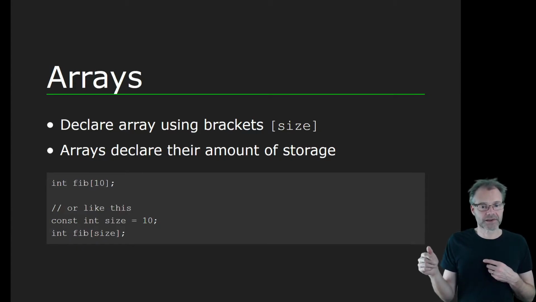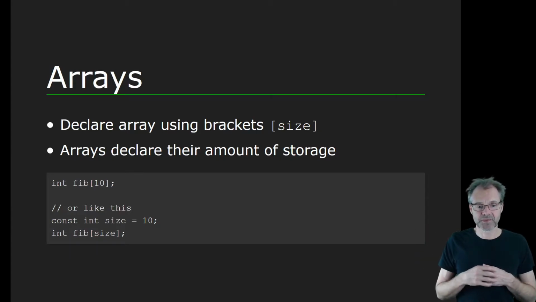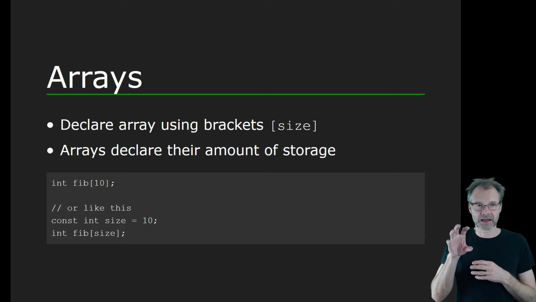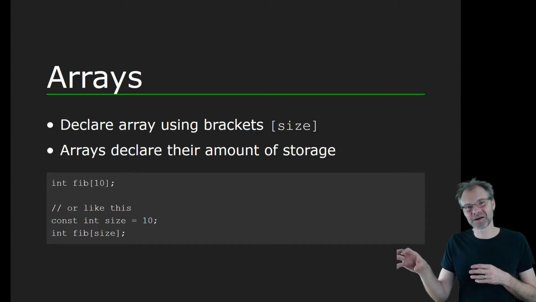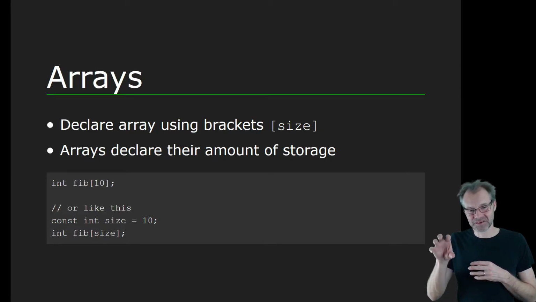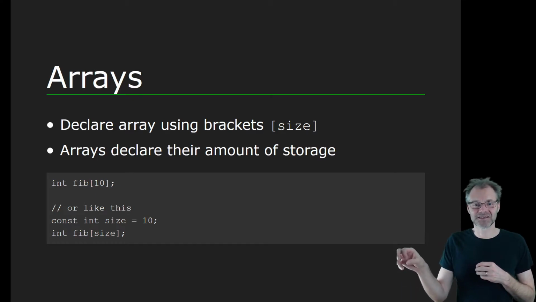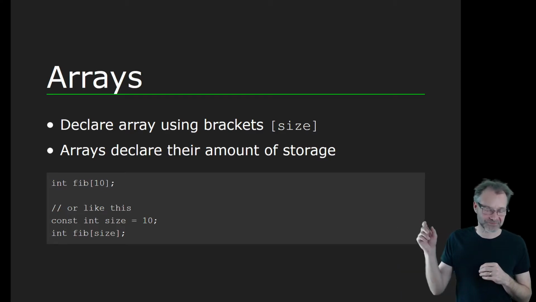So here I'm declaring an integer array fib, and I'm giving it 10 positions. We can read this as: I allocate 10 integer positions in a line in memory. So position 1 is an integer, position 2 is an integer, position 3 is an integer, and they are stored in memory like this.